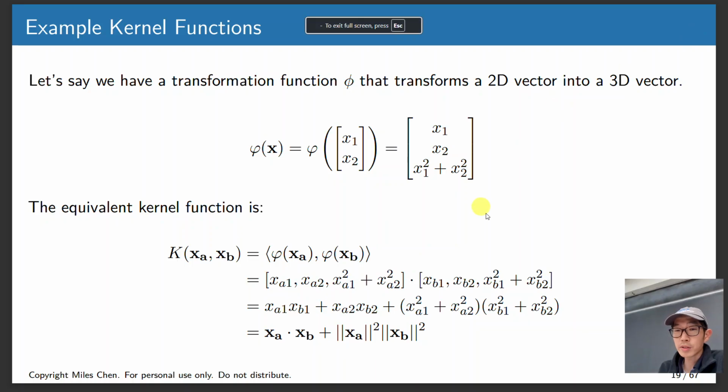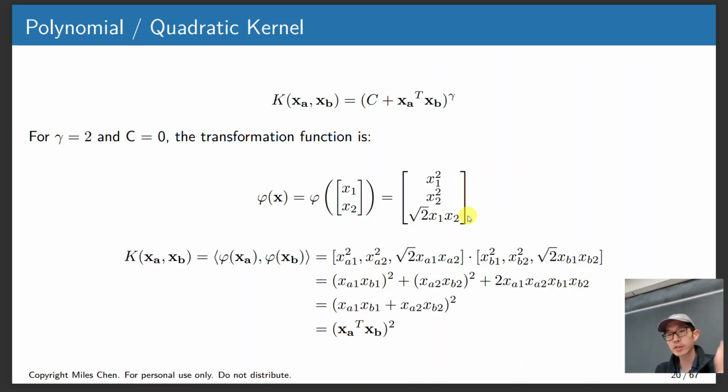We can do a similar kind of thing where we project our data into a higher dimension and then do k-means clustering. Here's another example of a transformation function, and this would be a kernel function. This is a polynomial kernel where you have some constant and some power, gamma.